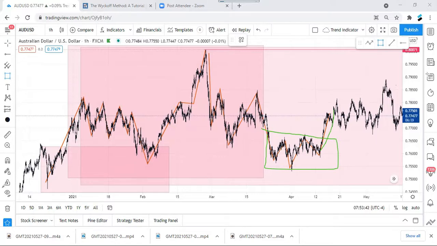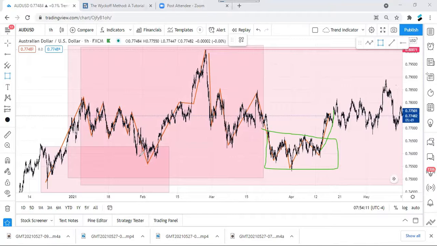So what we see here is if we condense this whole entire consolidation activity in the daily time frame, we can see clearly that this is a sideways market. But when we go down to a lower time frame, you can see many different types of consolidation. It can be a distribution turning into accumulation turning into distribution.